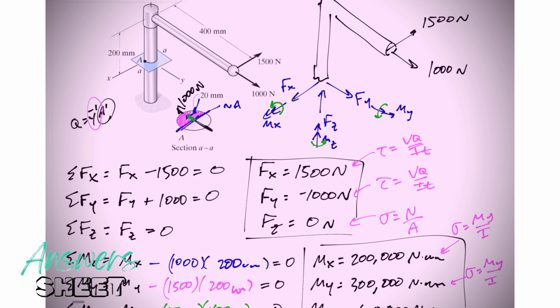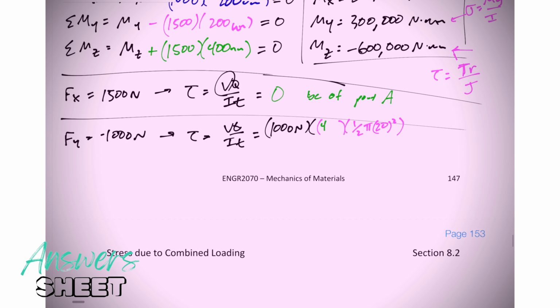The centroid of a half circle, the location of its centroid is 4r over 3 pi. And so that is that green line, 4r over 3 pi. That was the Q. That was a tough one, but not too bad.